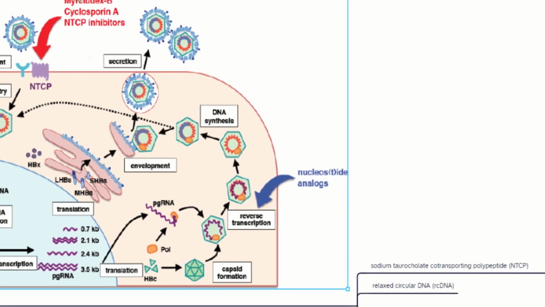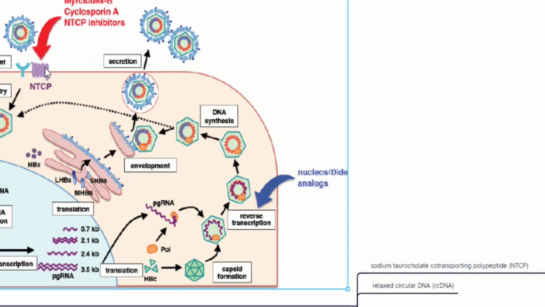On the envelope, we will have the surface antigen made from multiple proteins, which are all under the name of HBS antigen. This is the viral structure of our virus, and other than these big proteins, we can have enzymes. These enzymes have specific roles inside the viral life cycle.